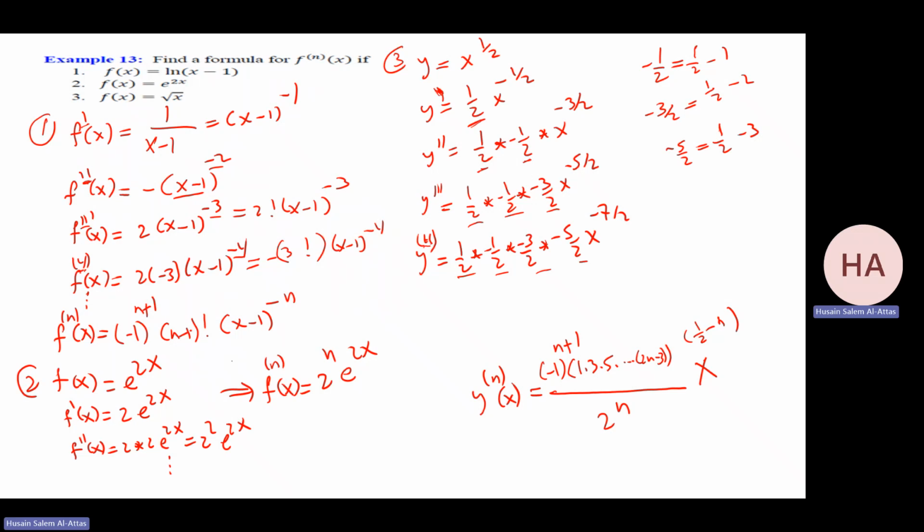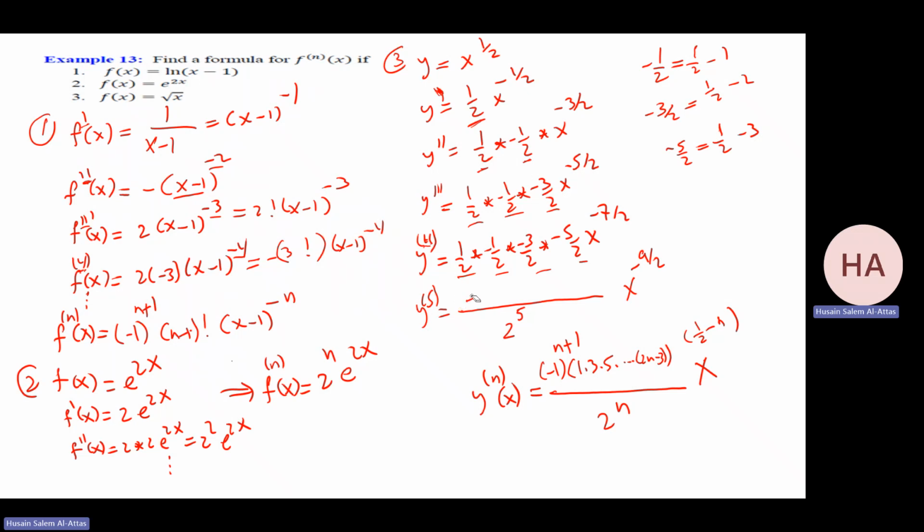If you notice, maybe I need to do the fifth one to see it better. That will be x to the power minus 9 over 2. This one will be 2 to the power 5, because I need 2 there. Here I have 1.